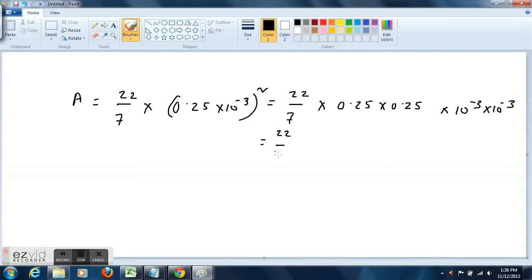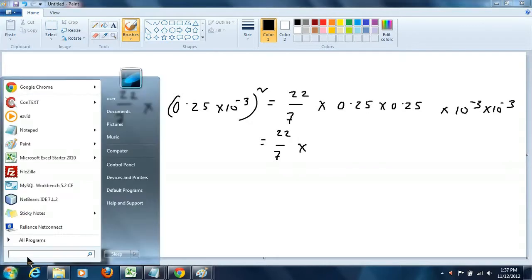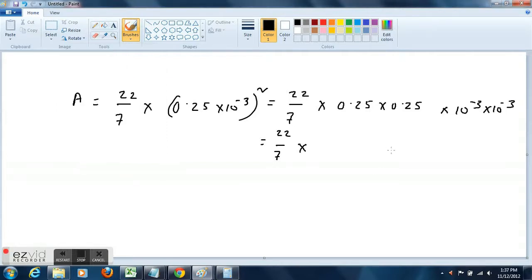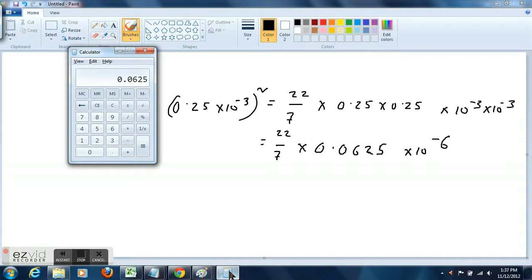Let us do it in a calculator to be faster. 0.25 into 0.25 is coming to 0.0625. Into 10 to the power minus 3 into 10 to the power minus 3 comes to 10 to the power minus 6, because the powers will add up.